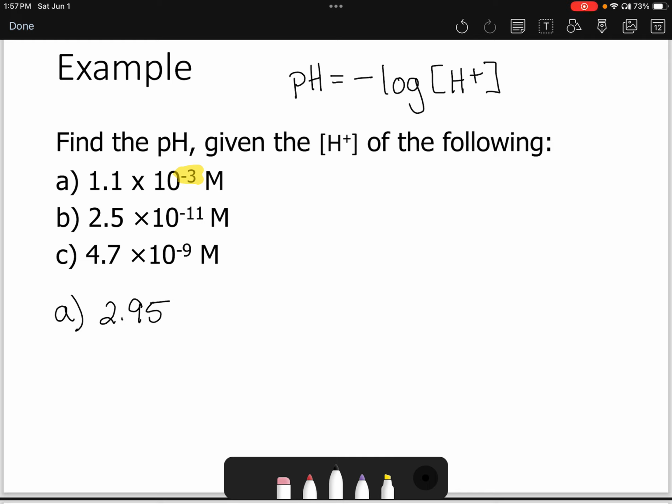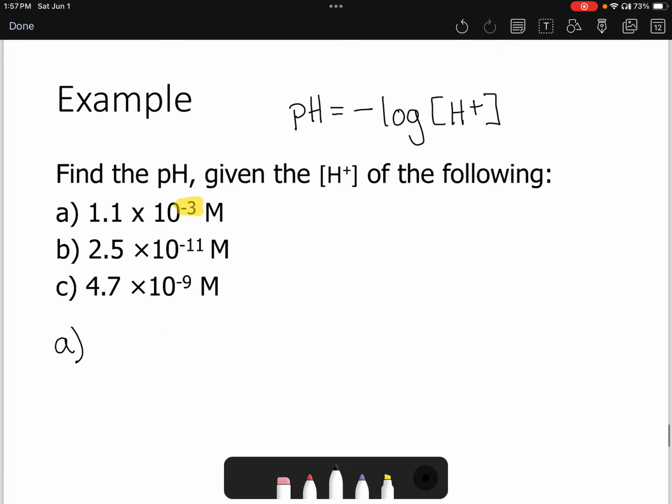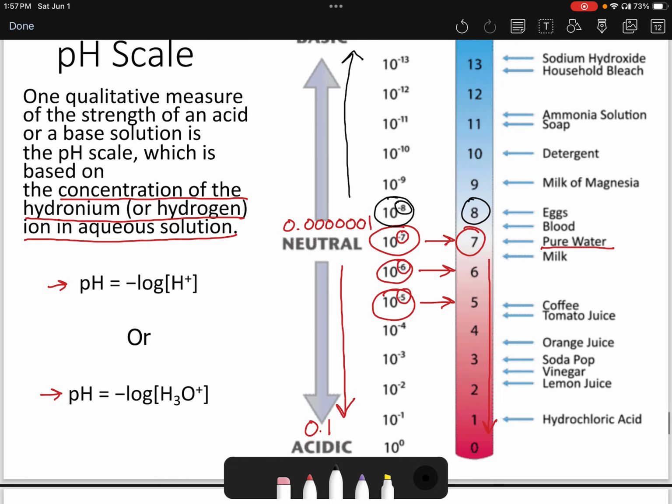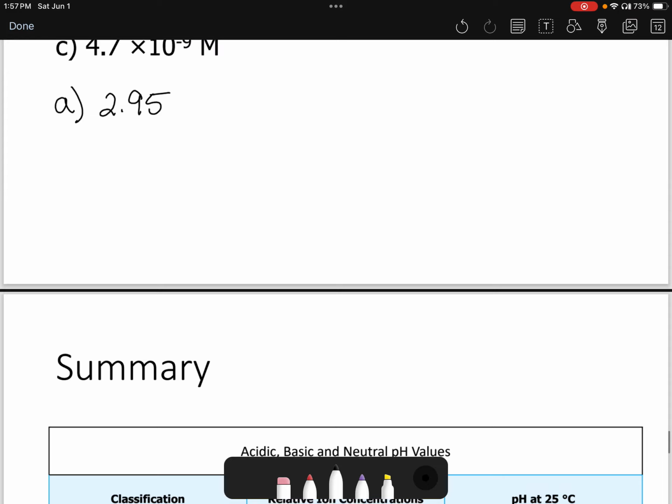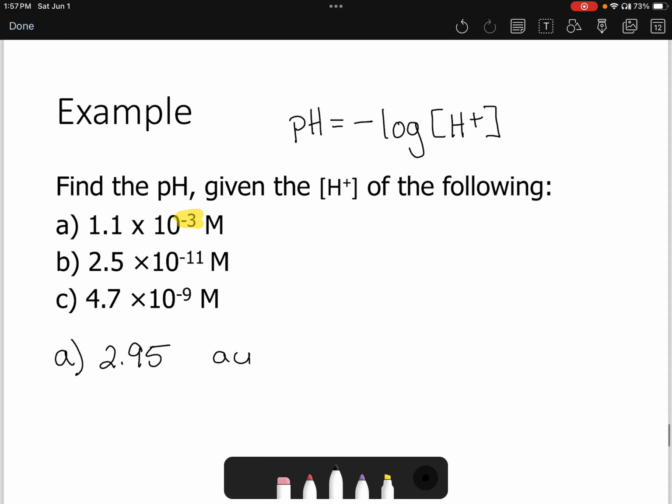So that is really close to 3, so that makes sense. And would this be acidic or basic according to our pH scale? So it should be acidic. It's around 3. There we go. Acidic.